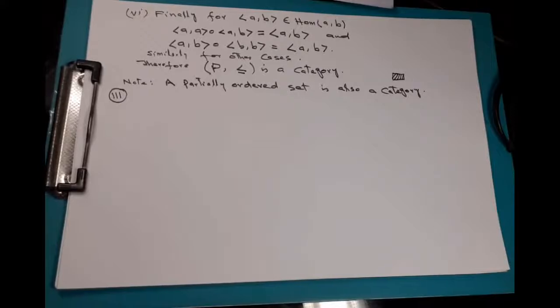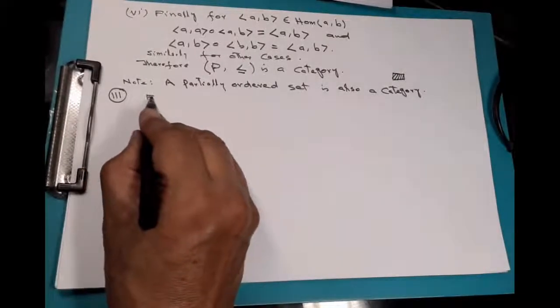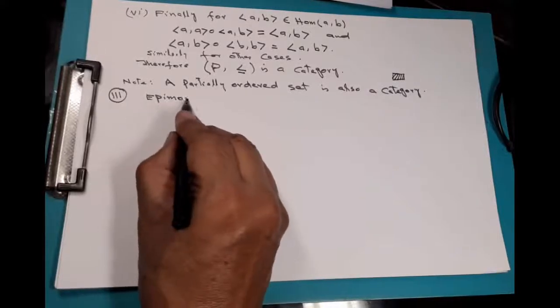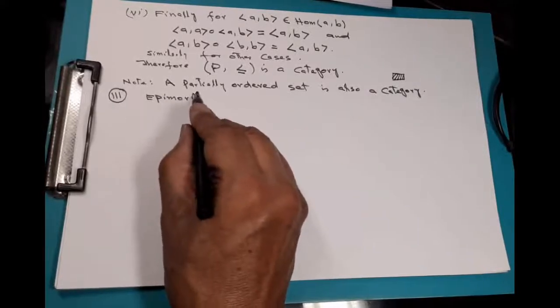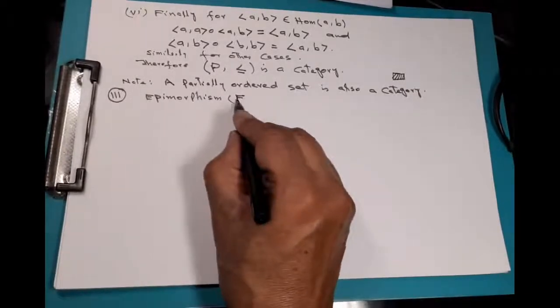So we are going to discuss now epimorphisms, monomorphisms, and isomorphisms. Epimorphism, we mostly write it as epi.